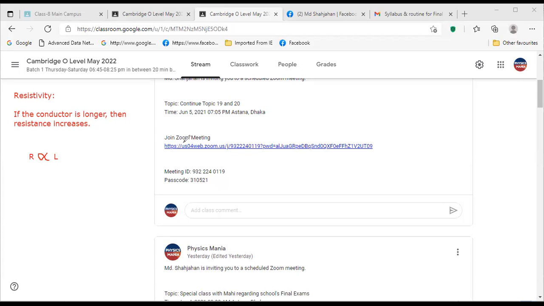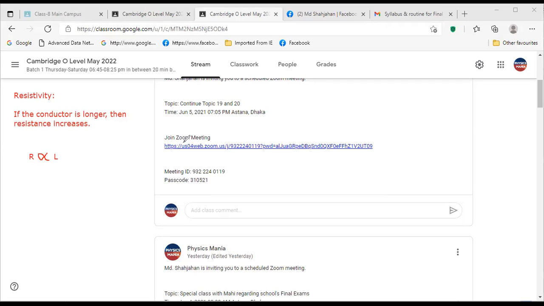So if the current is more, that means resistance will be less if the wire is thicker. So resistance and the thickness of the wire are inversely proportional.